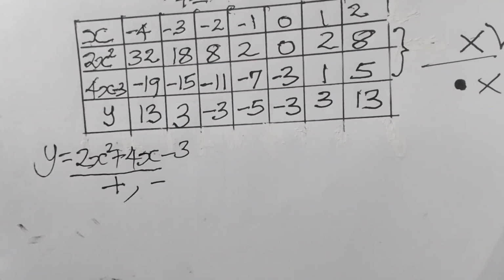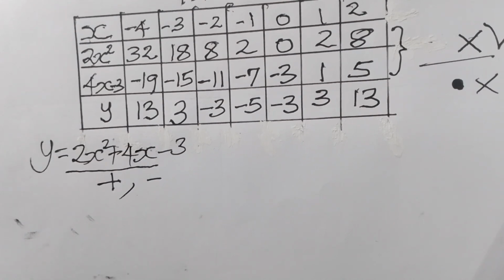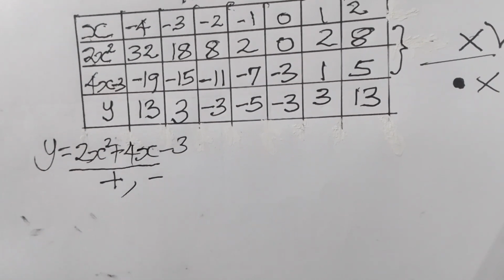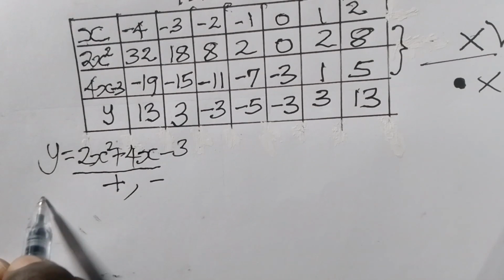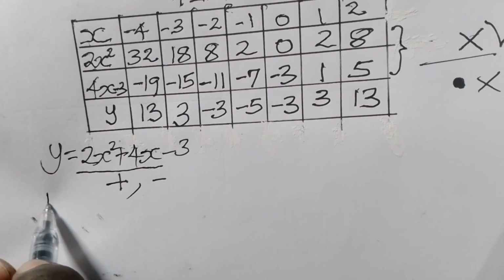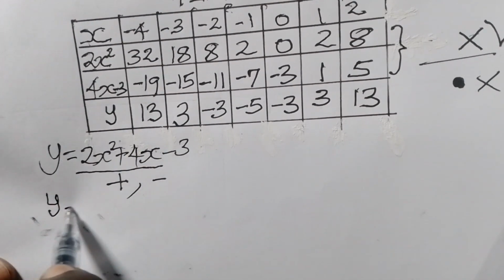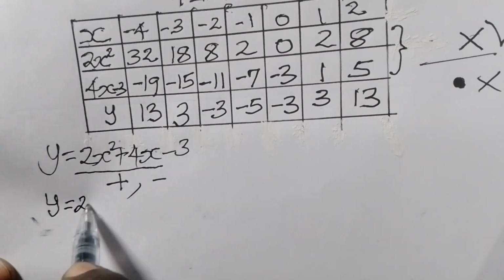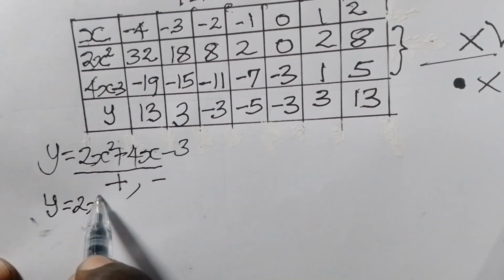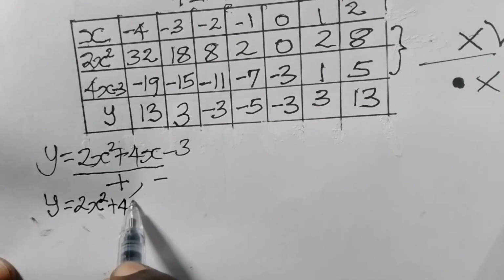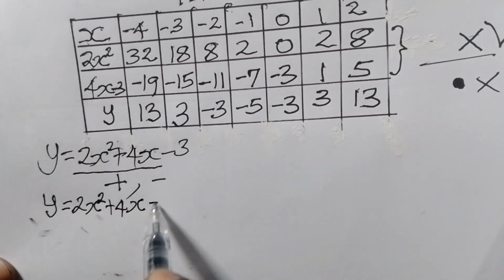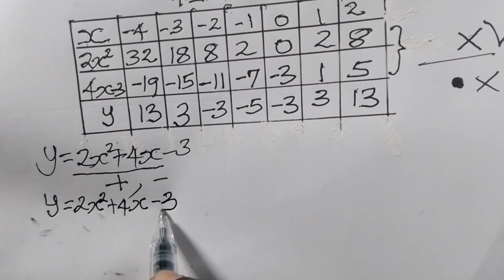We have to get the two functions or the two equations. The first function was given by y is equals to 2x squared plus 4x minus 3.